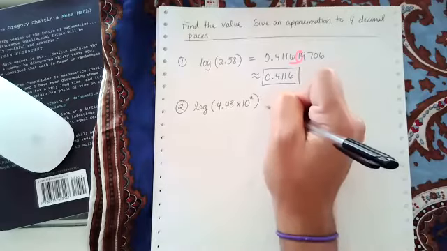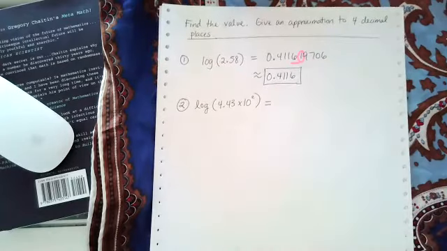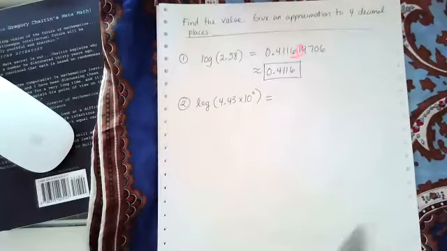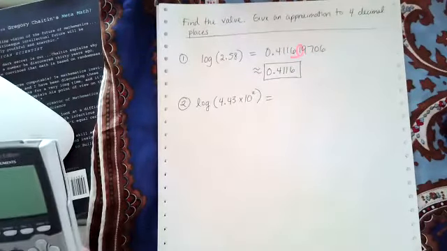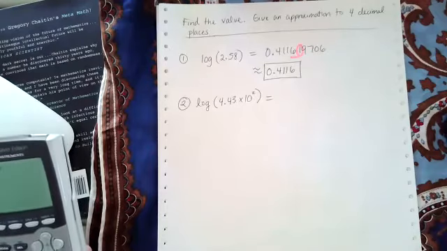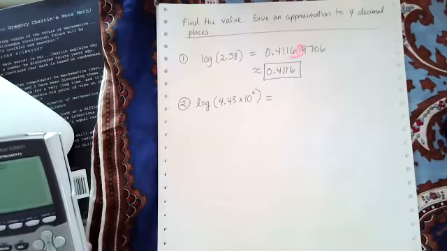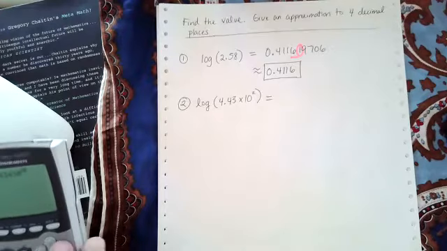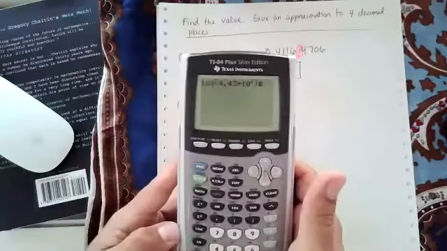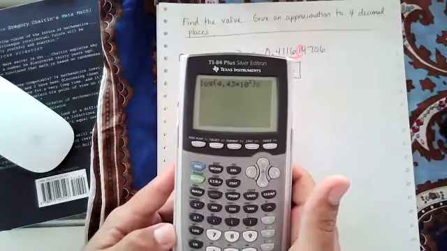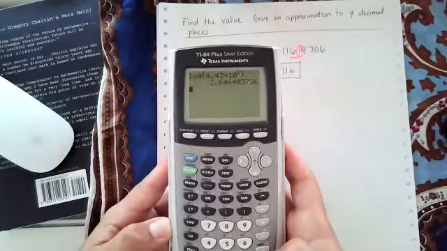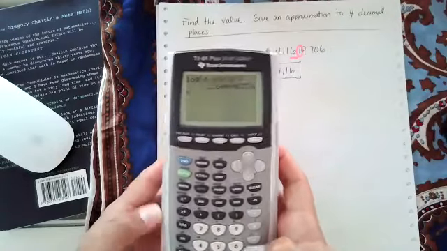Okay. Has anybody gone ahead and evaluated the second problem? Yes. What did you get? 2.6464. Let's see. Okay, so I'm just throwing it into the calculator exactly the way it was written down. And there we go.